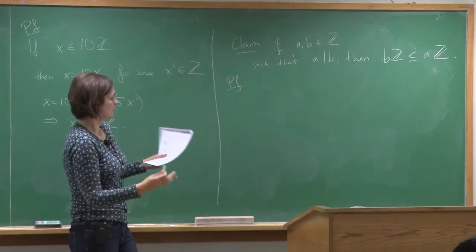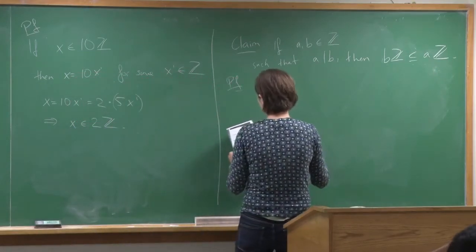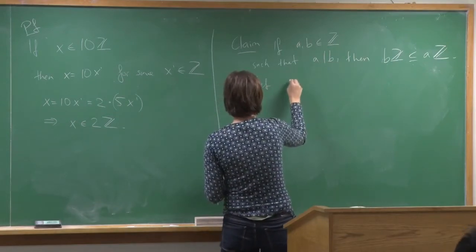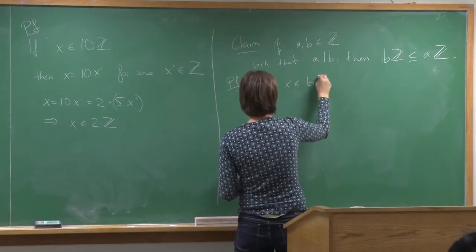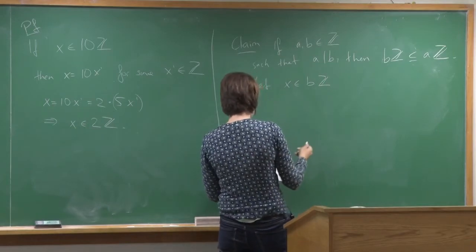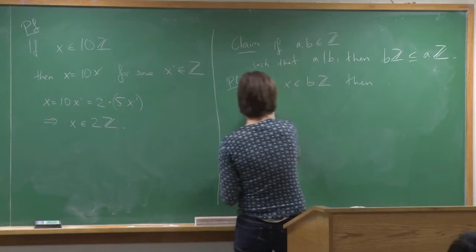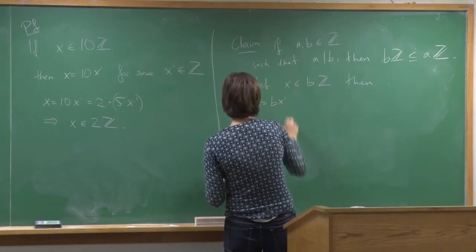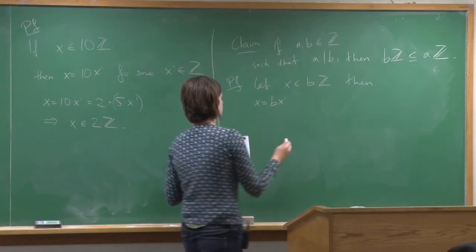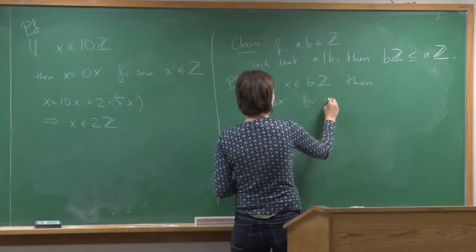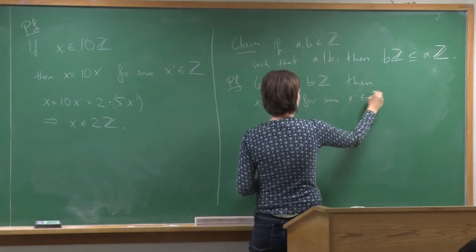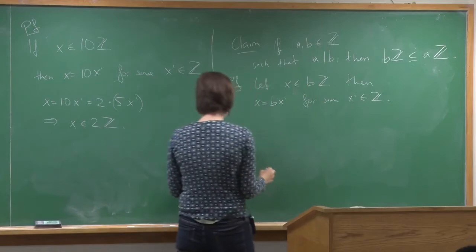Right, and of course just following what we did before, but doing it more generally, we said that if x is in the multiples of b, then x is equal to some b times x prime for some x prime in the integers.